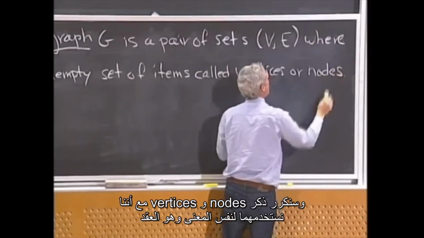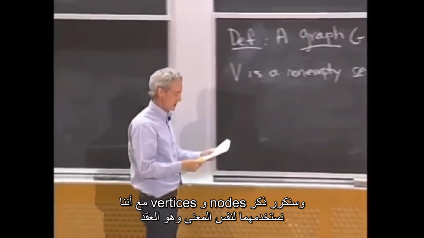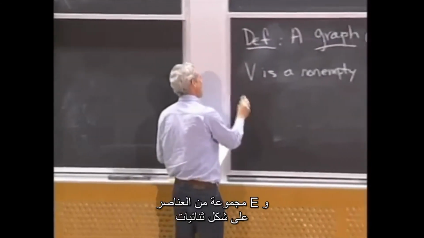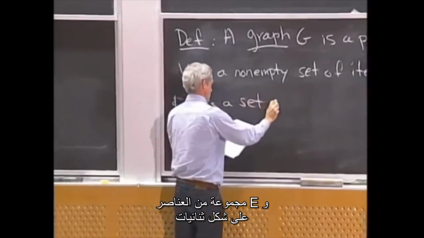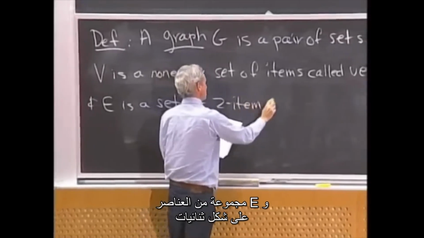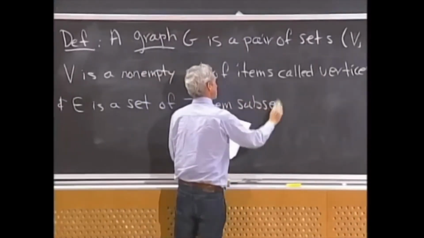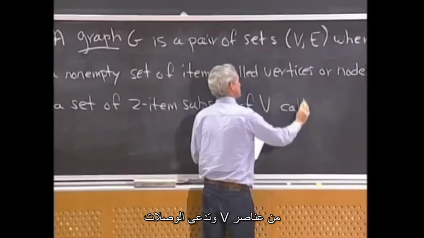And we'll go back and forth between vertices and nodes. Even in the text, we use both words interchangeably. And E is a set of 2-item subsets of V, and they're called edges.